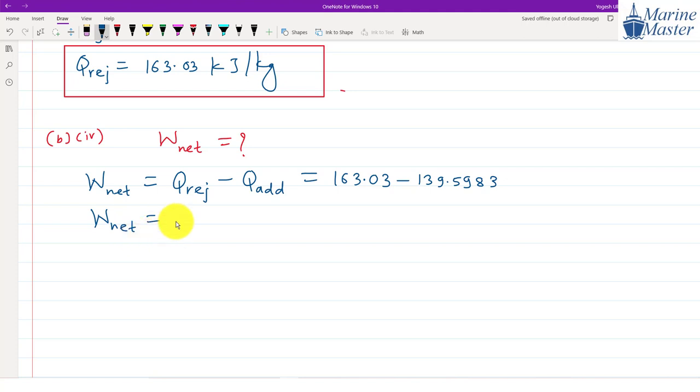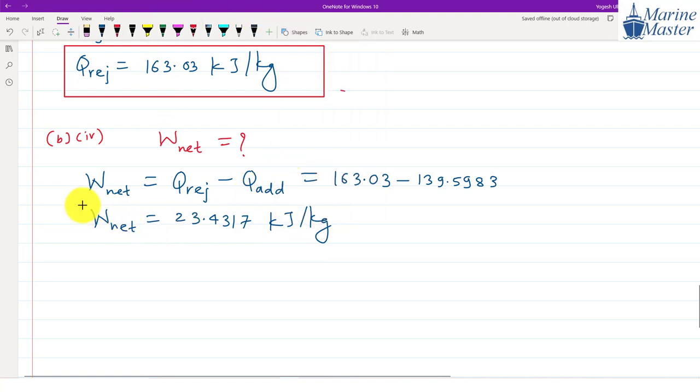So 163.03 minus 139.5983, and we get W net as 23.4317 kilojoule per kg. So guys, please write down this discussion.